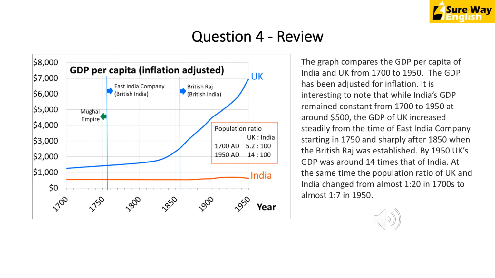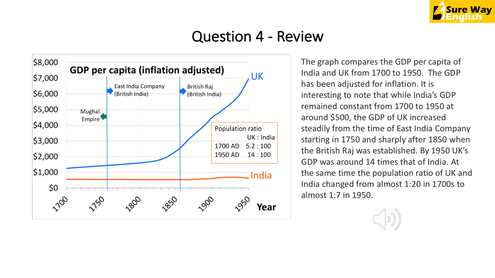So it's interesting to note that while India's GDP remained constant from 1700 to 1950, and it stayed at 500, the GDP of UK increased steadily from the time of East India Company, starting in 1750, and sharply after 1850 when the British Raj was established. And by 1950, UK's GDP was around 14 times that of India.